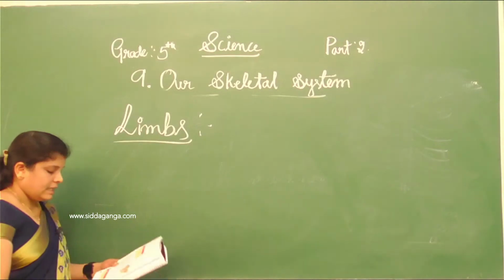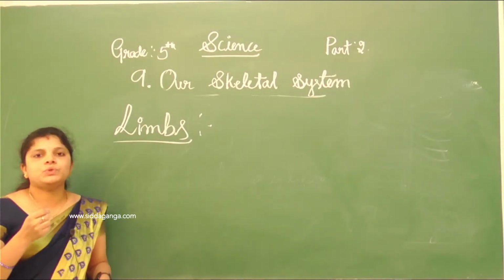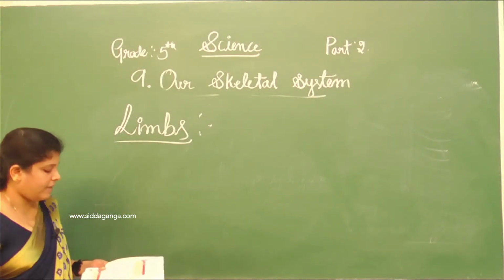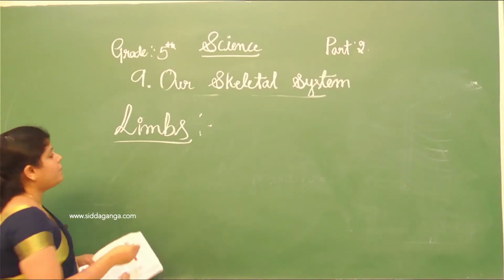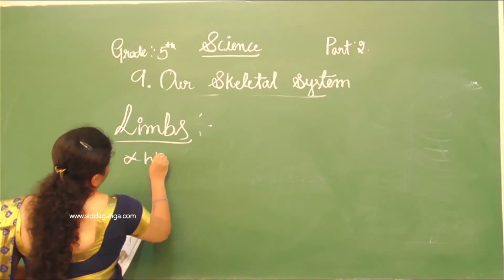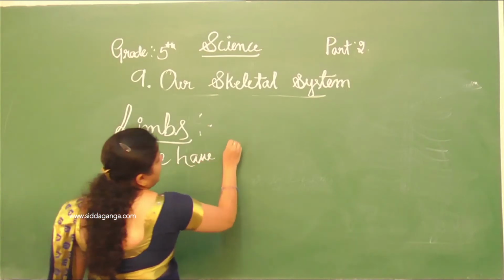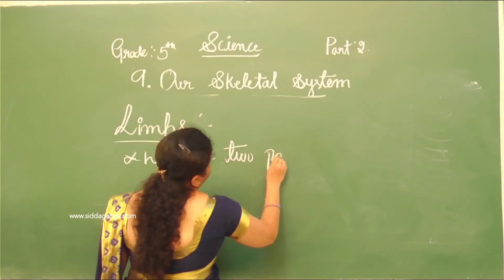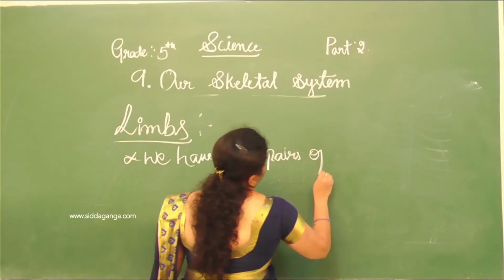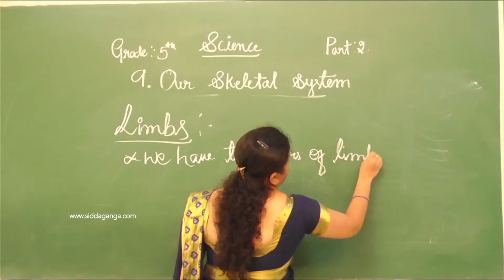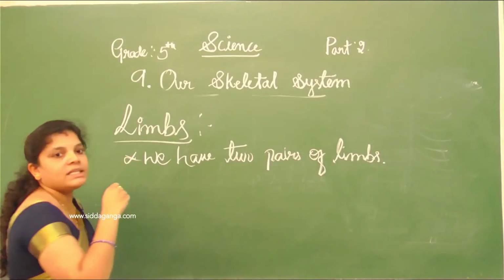Okay, see, the limbs. See, now we have two pairs of limbs, that is forelimbs and hind limbs.